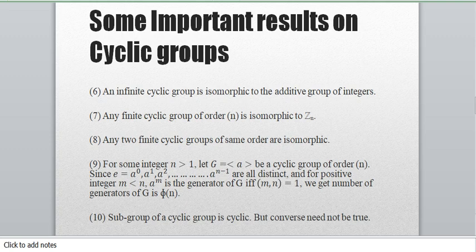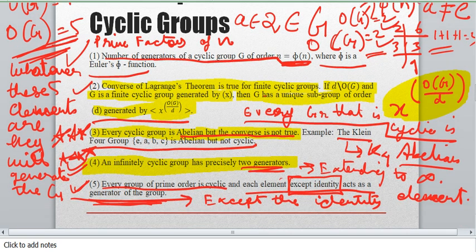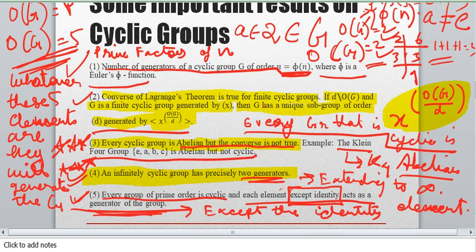You know that in the previous video, if I go back to the previous slide, we had gone through all this. And the important part that I had marked over here is the Klein-4 group, which is given by {e, a, b, c}.